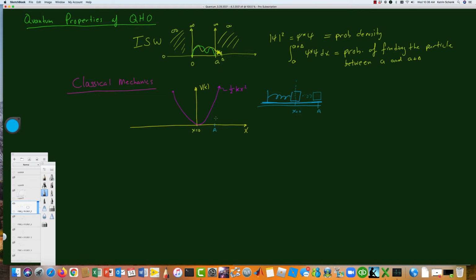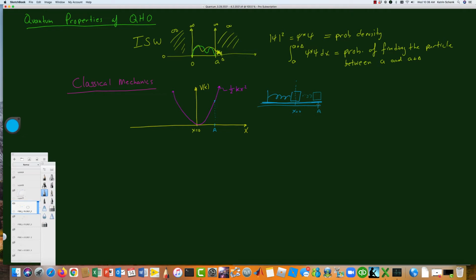Now, right at A, if we go up here, here is the potential energy that I'm going to have when I pull the mass out to here. I haven't let it go yet. As soon as I let it go, it's going to start building up kinetic energy until it gets to here where it's the fastest and the potential energy is 0.